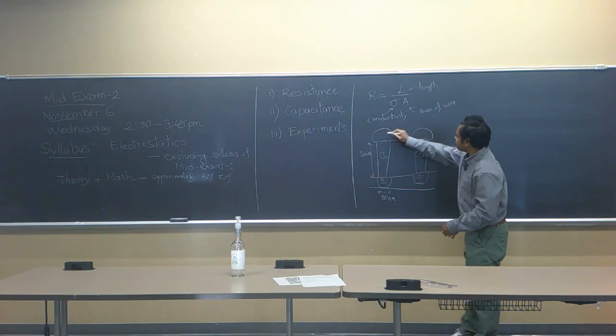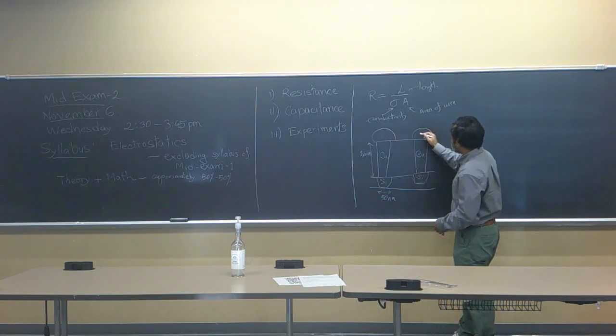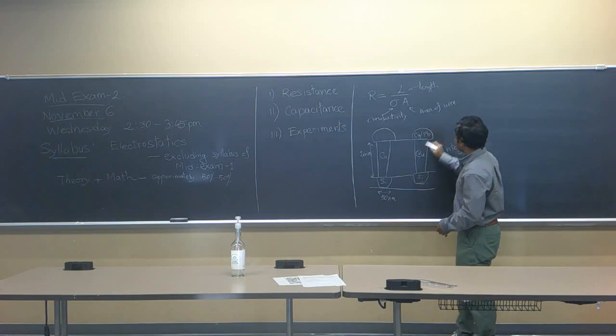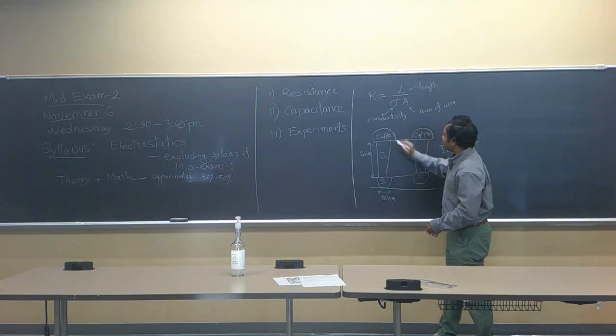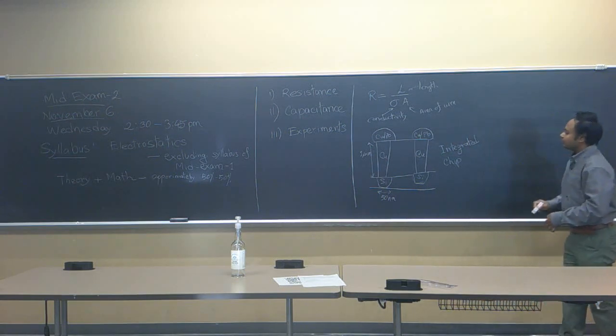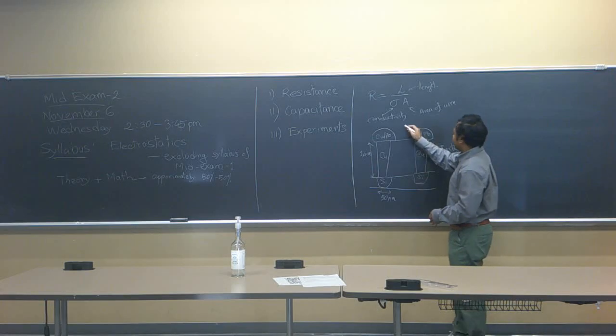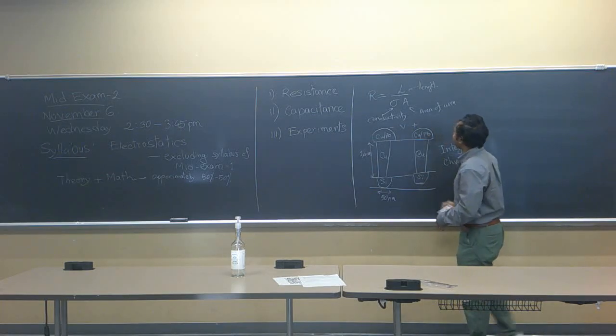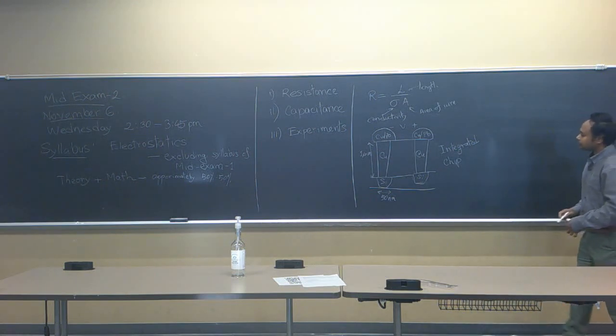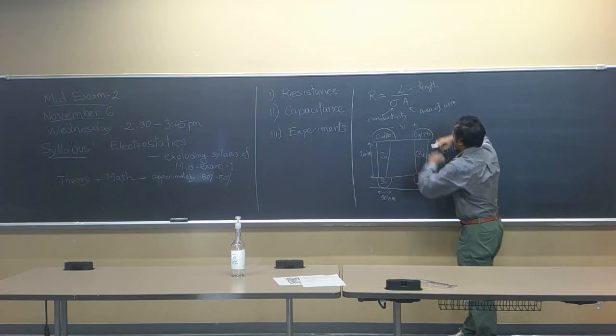We apply voltage. These are also made of copper or sometimes lead or some kind of alloy of metals. So in the exam, I asked you the following question. Let us say we apply a voltage V like this on those two copper pads.